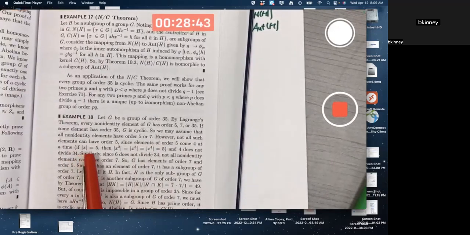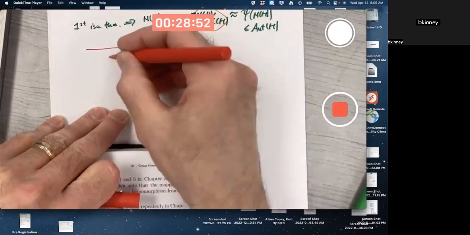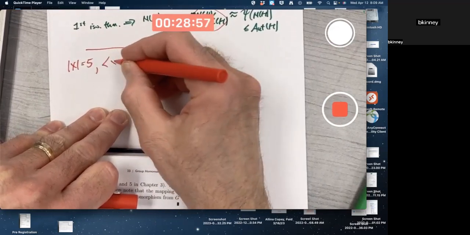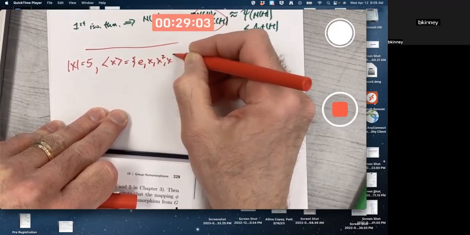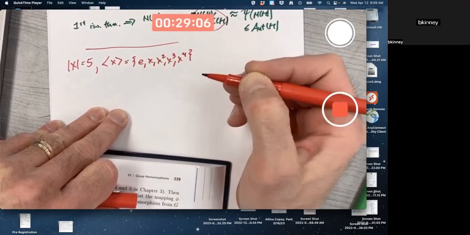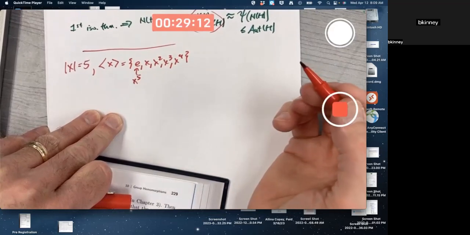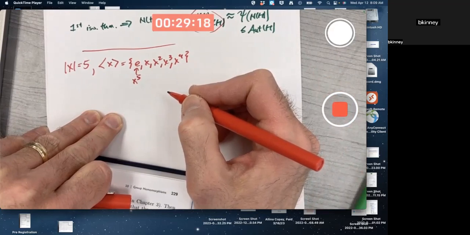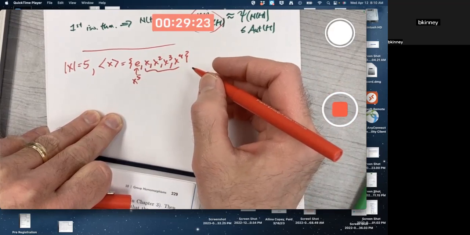If an element X has order 5, it's a generator of the cyclic subgroup it generates, and that subgroup is going to have 5 elements. These 5 elements: e is X to the 5th. Five is prime. All the non-identity elements are going to be generators because 5 is prime.